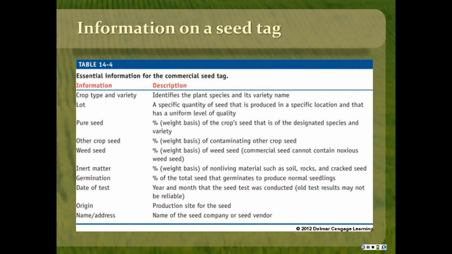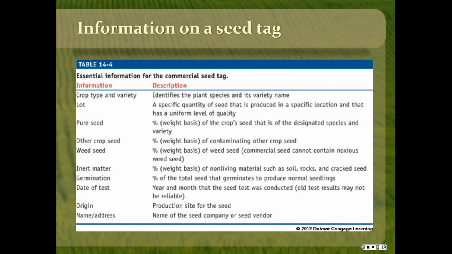And this graph just basically shows all the information that's required on a seed tag. This is right in your book, so I won't go into it in a lot of detail, but basically things like the crop type, variety, the lot, which is the specific quantity of seed that's produced at a certain time in a certain place, and then the percentage of pure seed, like how much of it is actually crop seed, because there's other stuff that might be in there.